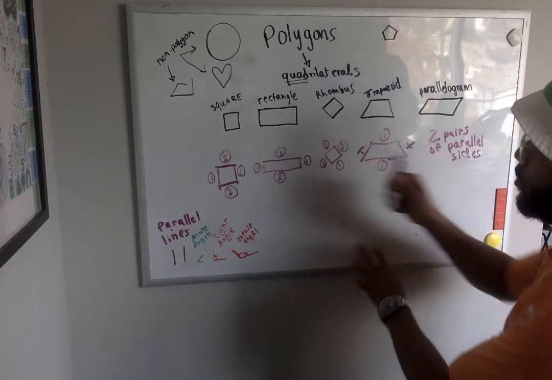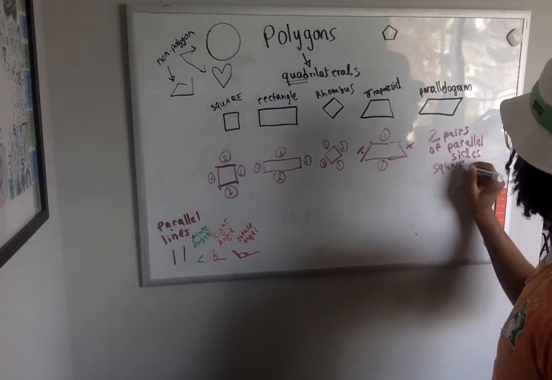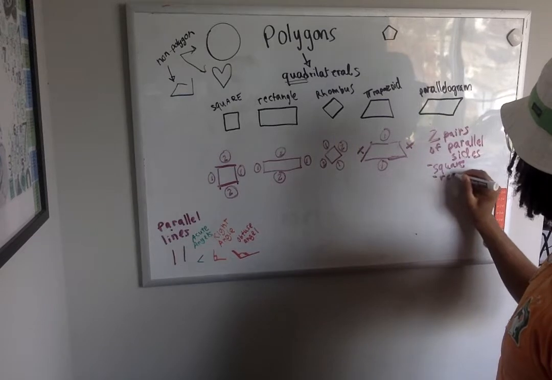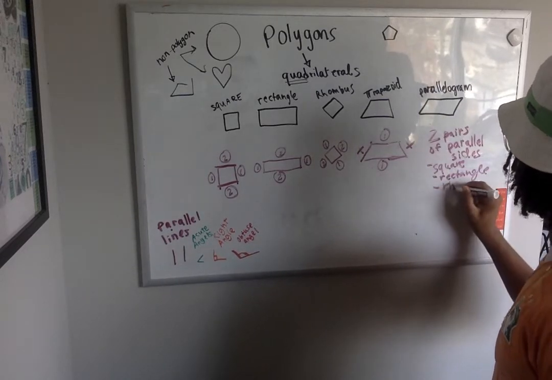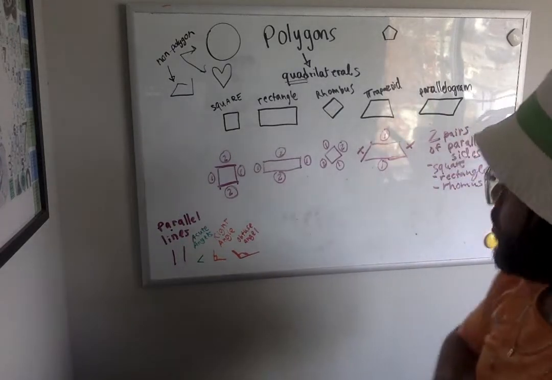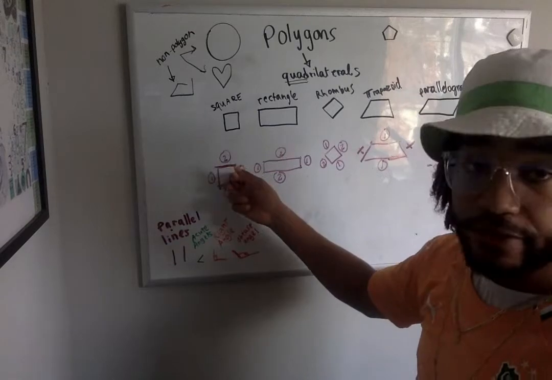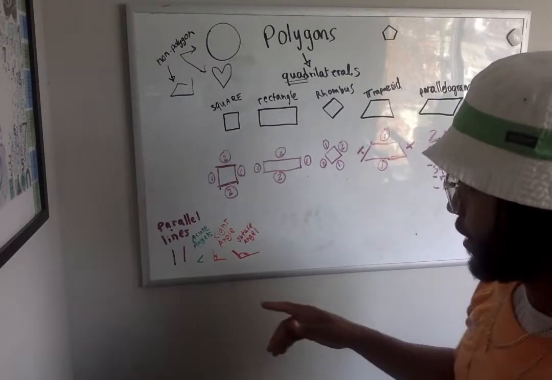Okay, so it could be a square, rectangle, or rhombus.